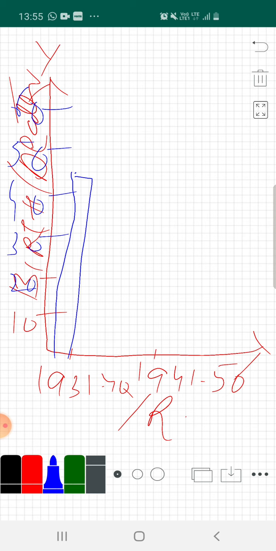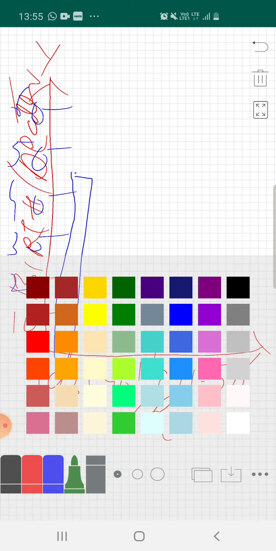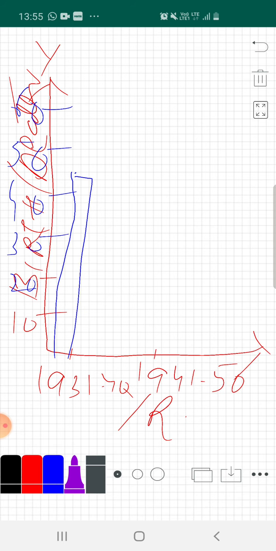So this is the birth rate data. Now next we will show death rate for the same year. It will be shown combined. Like birth rate you have shown 46 for the same year, now death rate will be shown as 36. It will lie between 30 to 40 here.